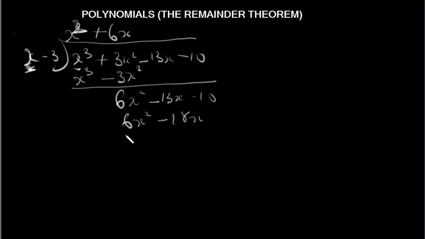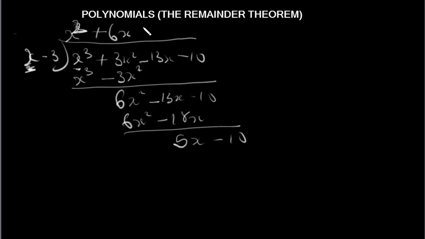So we repeat this. 6x squared minus 6x squared is 0. Minus 13x minus 18x is minus 13x plus 18, and that is 5x minus 10. We repeat it again.